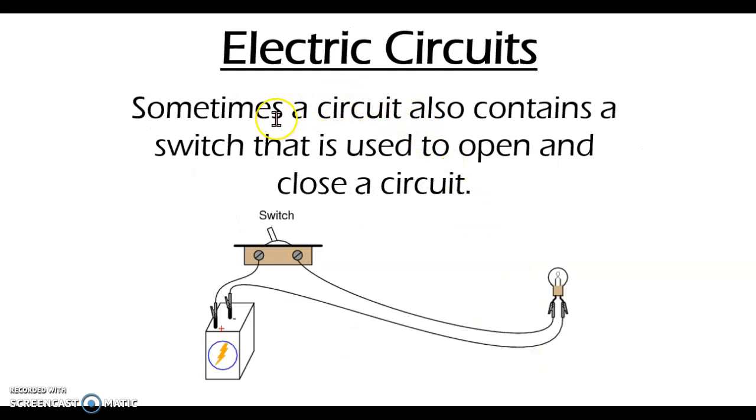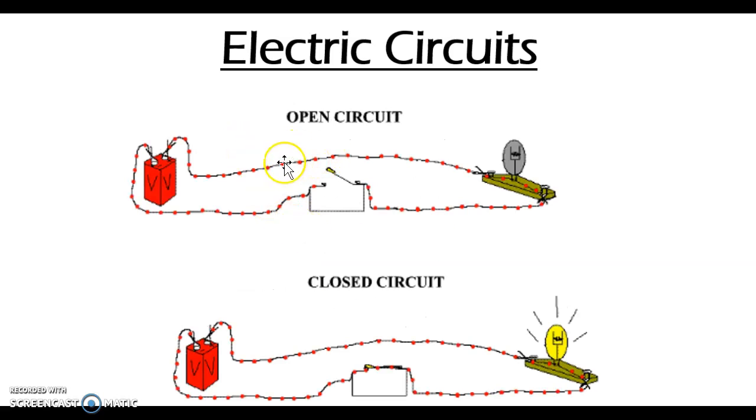Electric circuits sometimes contain a switch that is used to open and close a circuit. So this is the switch in here. This is what you call an open circuit because there is a gap in here.